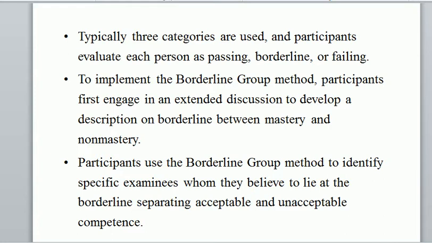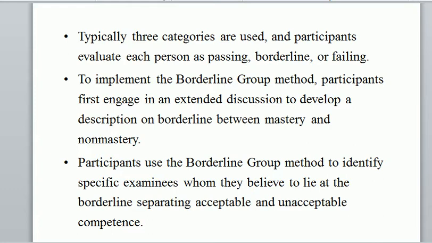It means first they will discuss to define the third category, borderline, before starting the process.